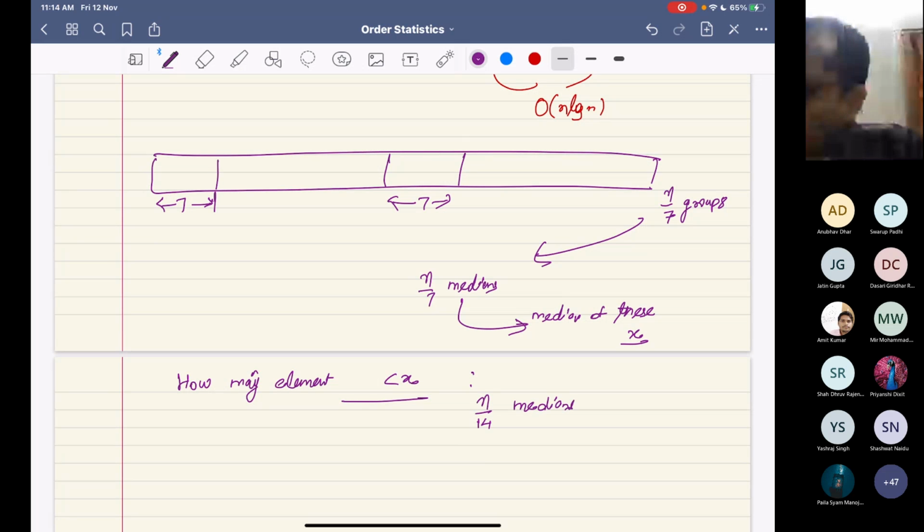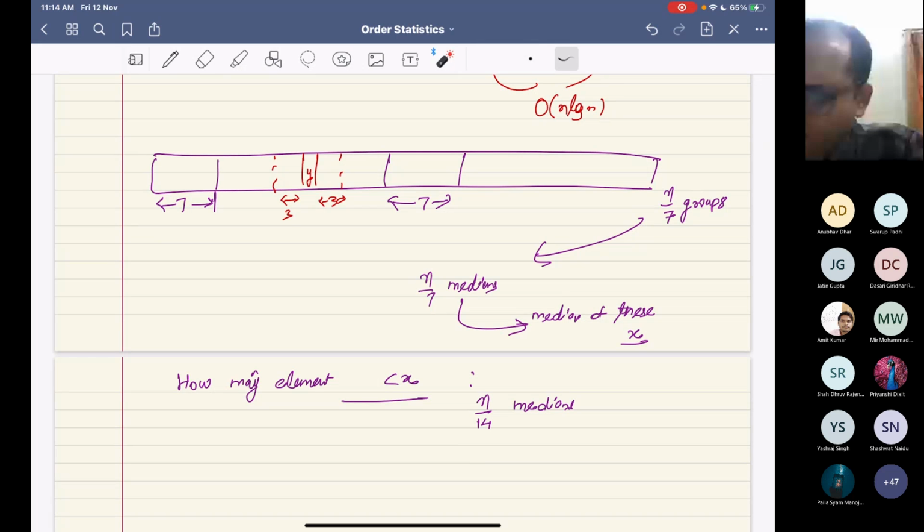Now let's take one of these medians, call it y. So 3 elements are smaller, 3 elements are larger. So guaranteed, there will be another factor of 4, 1 plus 3.